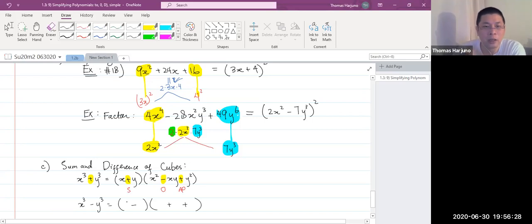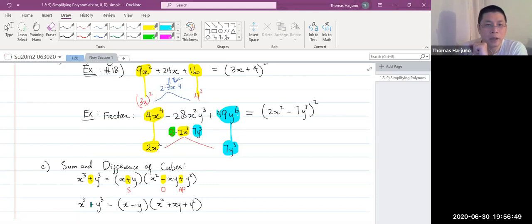Now then, how about the first factor? The first factor will be the base and then the base. The second factor: base squared, the product of both bases, and then the base squared. So you see the pattern for the signs: same, opposite, always positive.